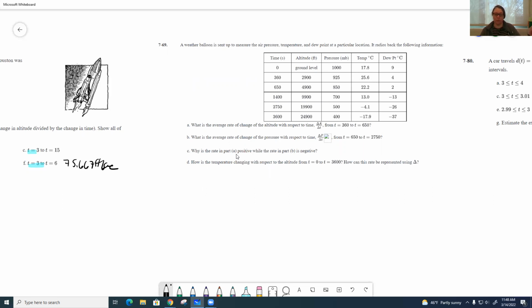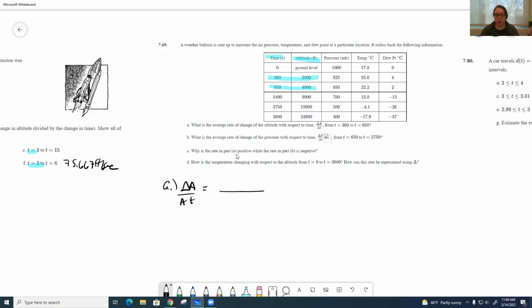So if I want the average rate of change of the altitude, so the altitude is in this column here, with respect to time, from time is 360 to time is 650. So this is what I'm looking at calculating right here. So for part A, it's the change in the altitude over the change in the time.